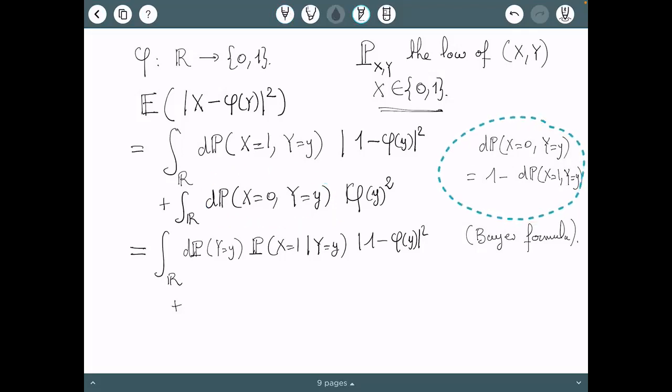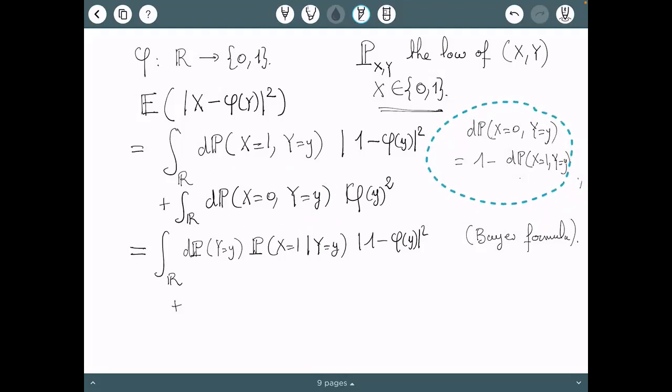Sorry, what I wrote is not totally correct, because it is dP_Y(y) minus dP(X equals 1, Y equals y), since I also have the intersection with the event Y equals y.